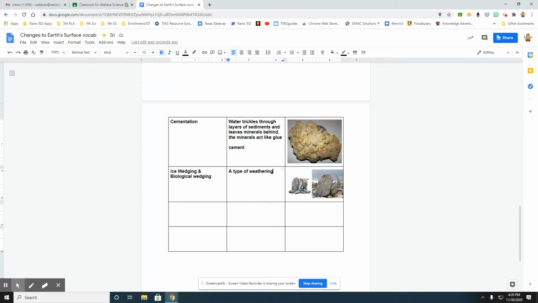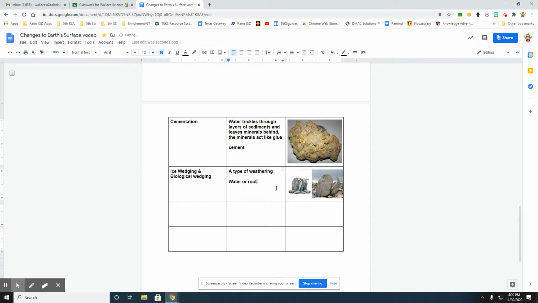It expands. And so that water has gotten down in the rock, it freezes, it expands. It actually will bust that rock apart, okay? So it breaks it apart. So you see here, this is a big rock in this picture. Water has gotten down in here, probably in a little crack at the top, and over time, it's worked its way down until it's actually busted the rock apart. So it's a type of weathering.